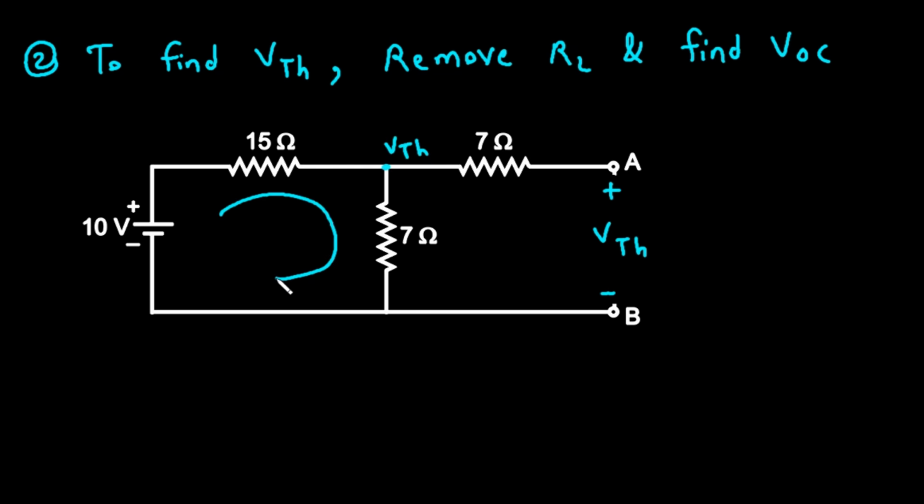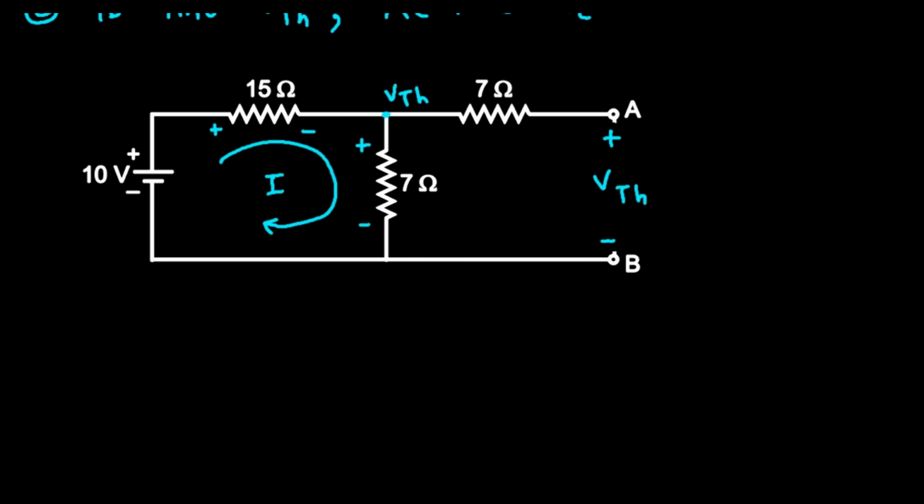Now let's assume the current through this loop is current I. Now according to the direction of this current, this will be positive, this will be negative, this will be positive and this will be negative. So let's apply KVL to the loop.